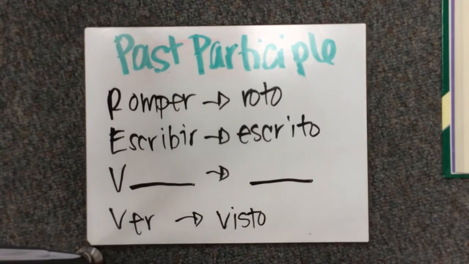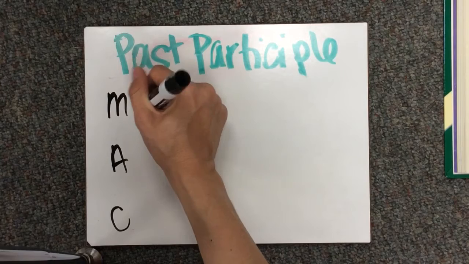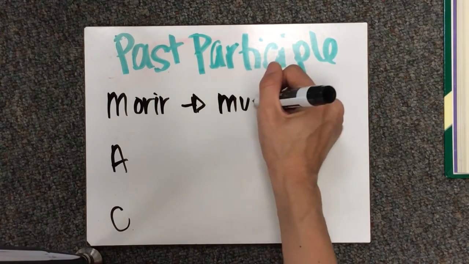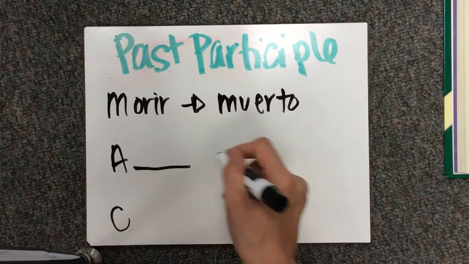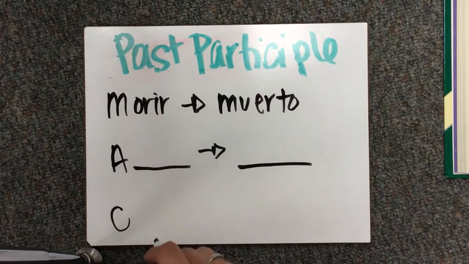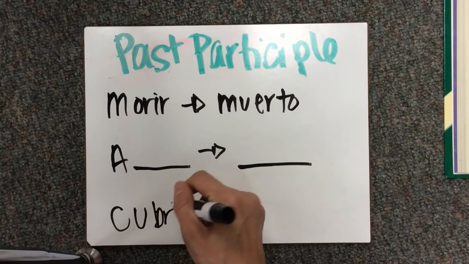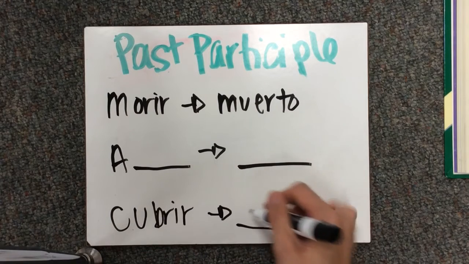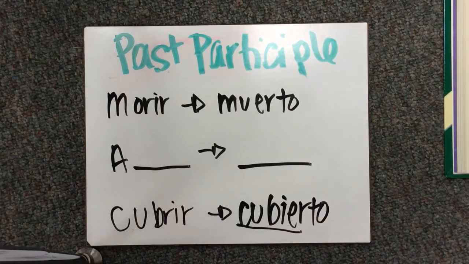As you can see, I've left two blank for you to write in on your Google Docs form. The next that we're going to talk about is M, which comes from morir and becomes muerto. The A comes from abrir, which becomes abierto. The C comes from cubrir, which means to cover. It becomes cubierto.